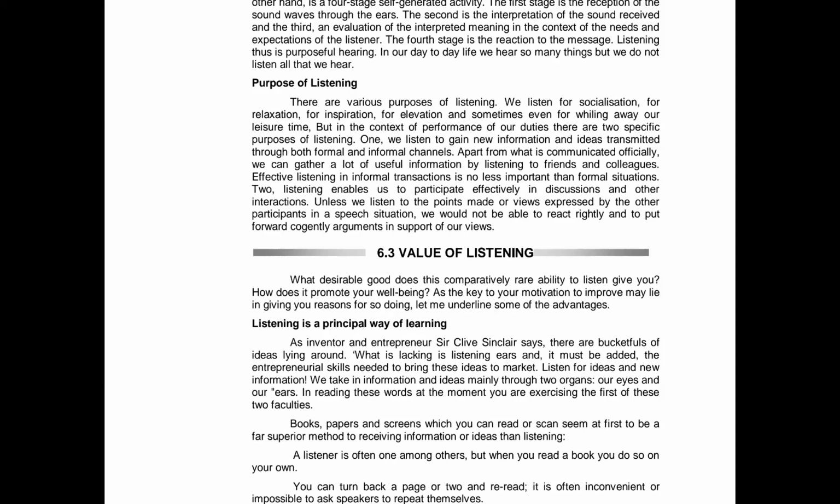One, we listen to gain new information and ideas transmitted through both the formal and the informal channels.